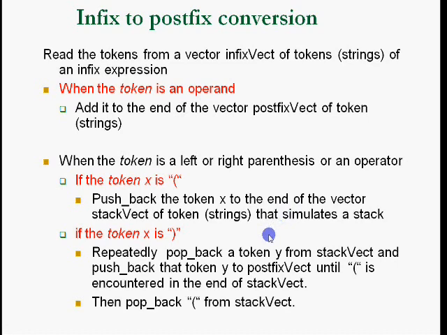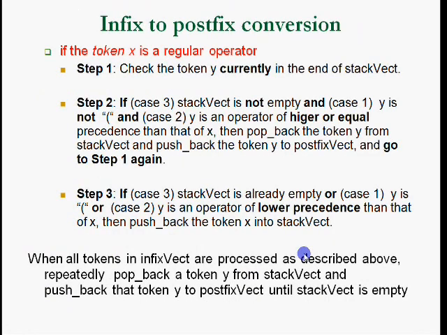If it is a right parenthesis, you could take everything out until you encounter the left parenthesis in the stack. And then the third case, if it is a regular operator, you have to check the stack vector. You need to take out the higher or equal precedence.